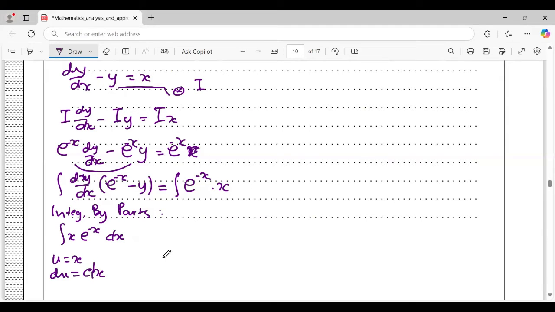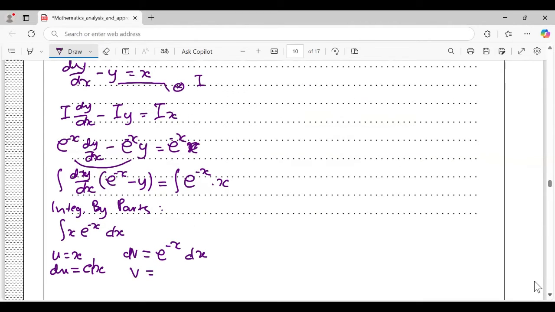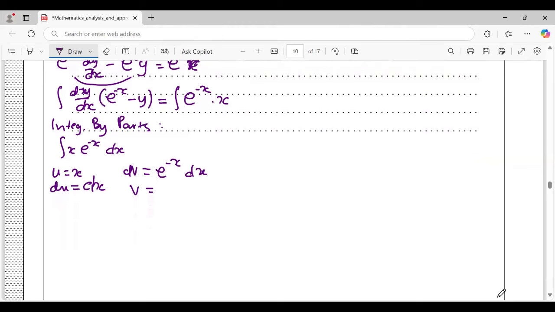And dv equals e power minus x dx, so v equals the integral of e power minus x dx, which equals minus e power minus x, plus c.